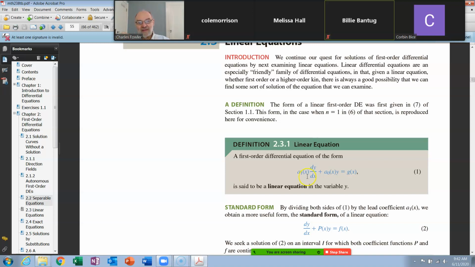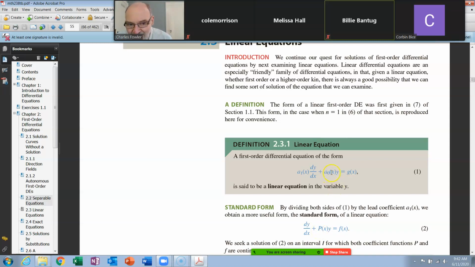So if you do that, then this becomes a0 of x over a1 of x, and this becomes g of x over a1 of x. Well, guess what? Those are still functions of x alone. So let's rename them, and rename that a0 of x divided by a1 of x to be p of x. Now, I don't like that name, and I'll tell you why, but that's what they always use, so I can't do anything about it. The reason I don't like it, usually capital P stands for a polynomial function.